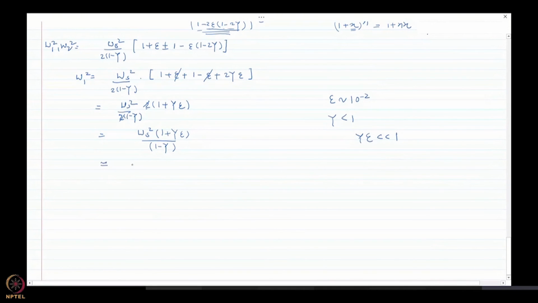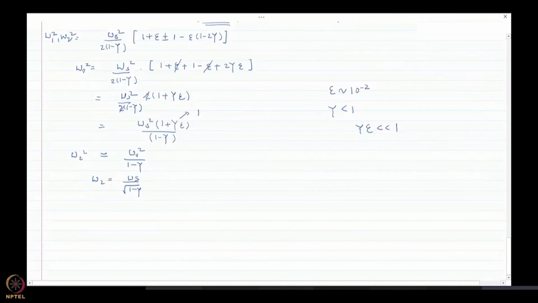So this term, omega square divided by this term, would become approximately equal to 1, and I have this here. So what I'm getting here is actually the higher frequency, so maybe this is omega 2 square. We will see what we get as the other term when I take the minus sign here. So omega 2 is omega s times 1 minus gamma.